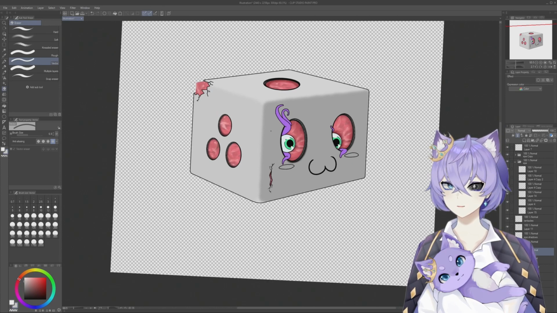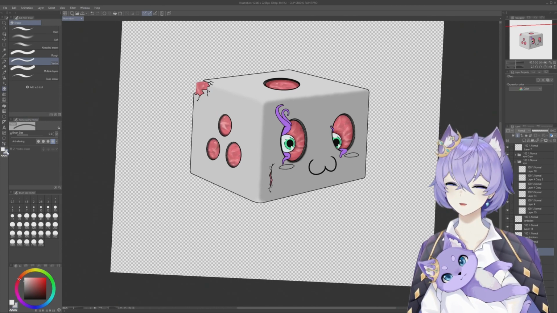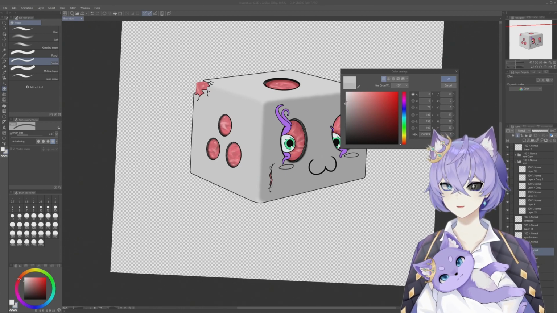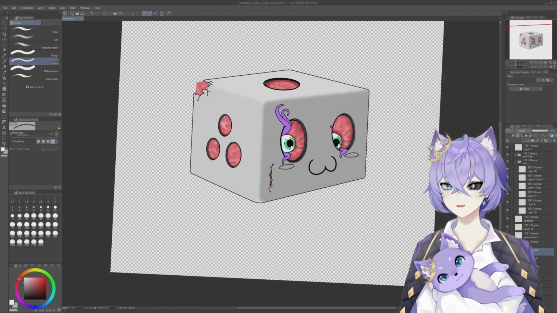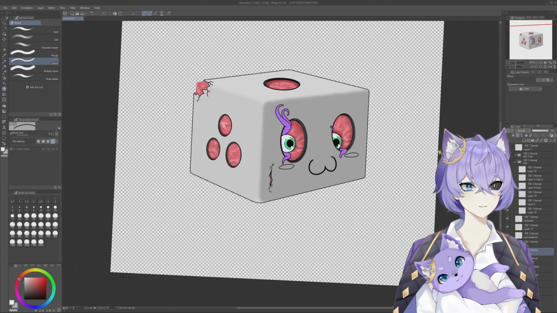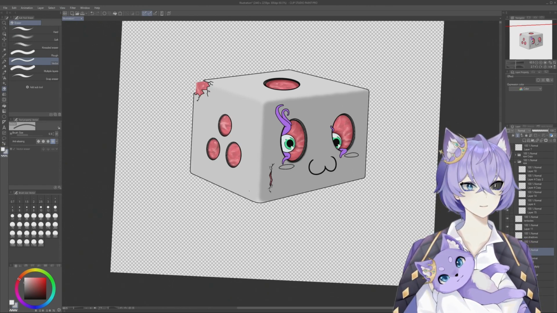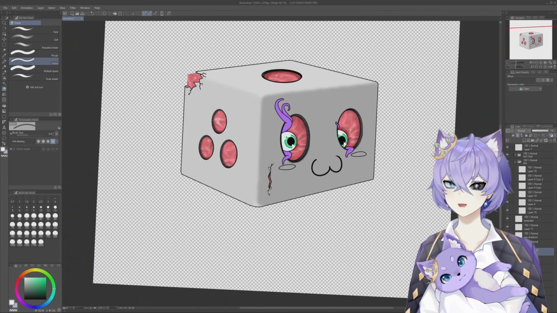And boom. And then I need to take a color that's in between both of those. Well, actually, no. I would take white.